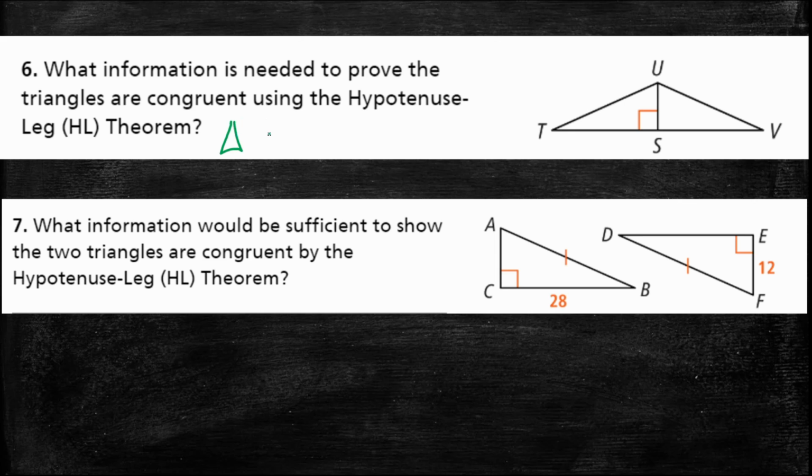I have triangle TUV. And then I have this line segment US creating 2 triangles. So I also have triangle TUS and SUV. Well, let's do it in the same order, VUS.